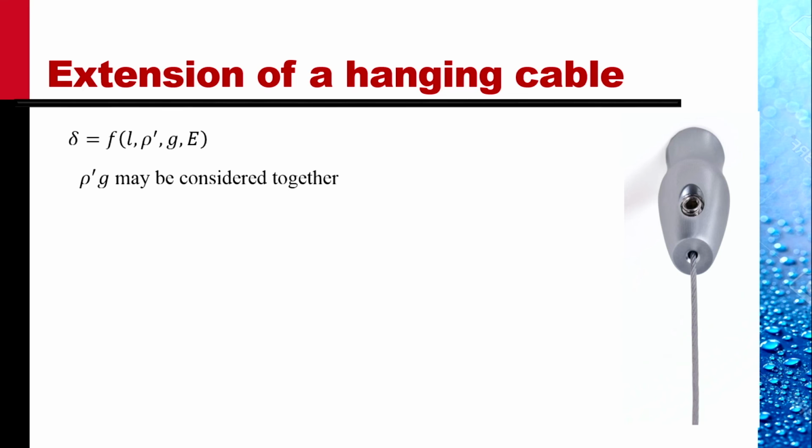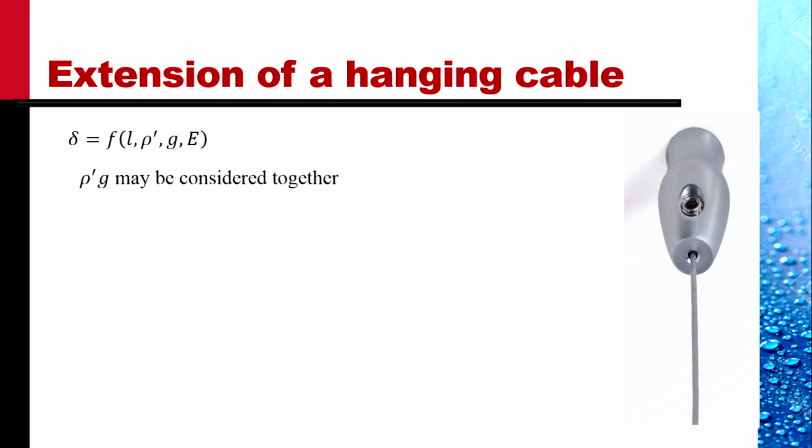The extension of this cable, delta, would clearly be a function of L, the length; rho prime, which is the mass per unit length of the cable, so the density times cross-sectional area; g, the acceleration due to gravity or weight per unit mass; and E, the elasticity of the cable material.